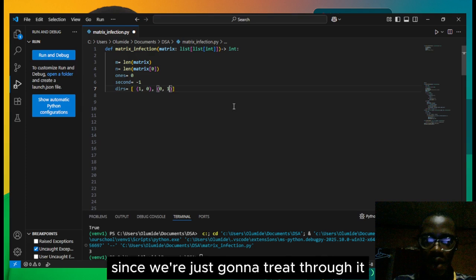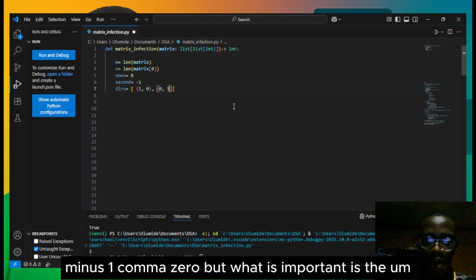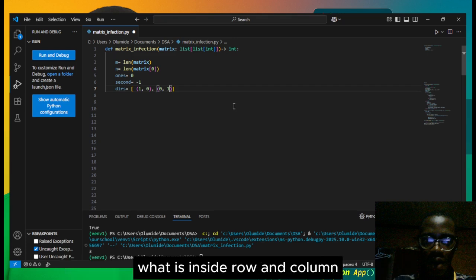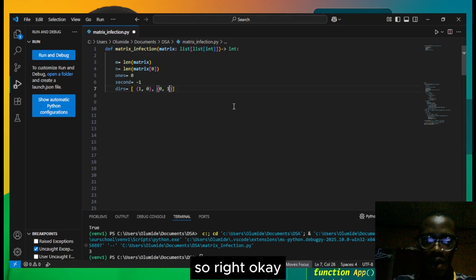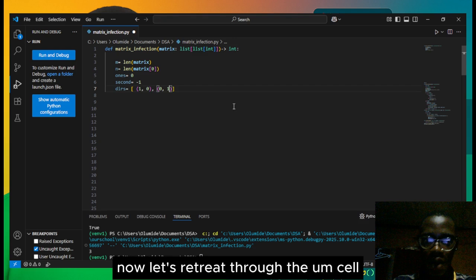It can be in any order, since we are just going to iterate through it, but what is important is what is inside, the row and column change.